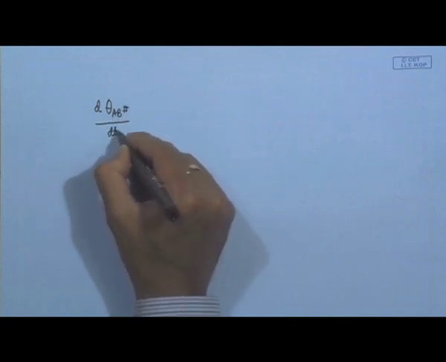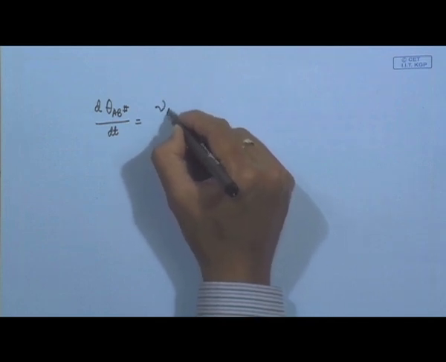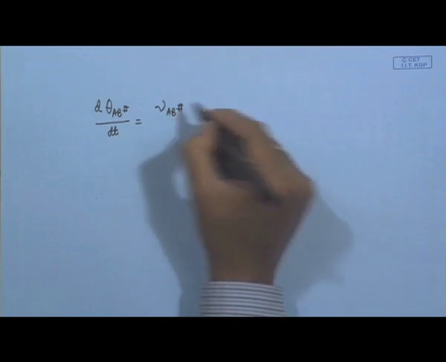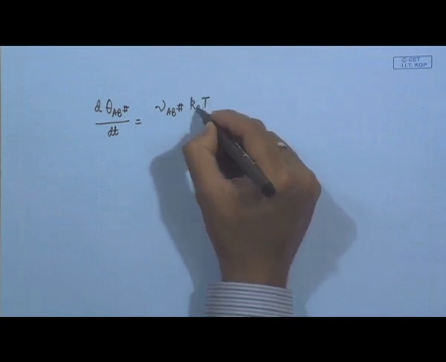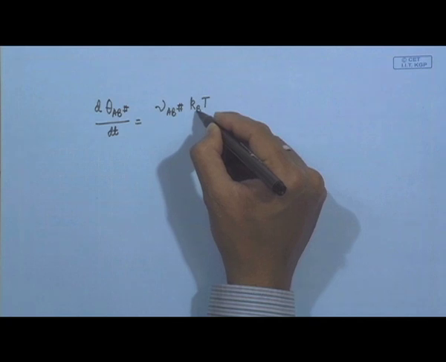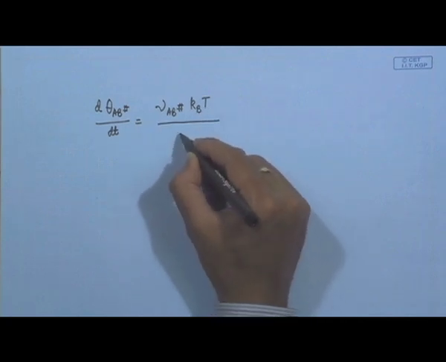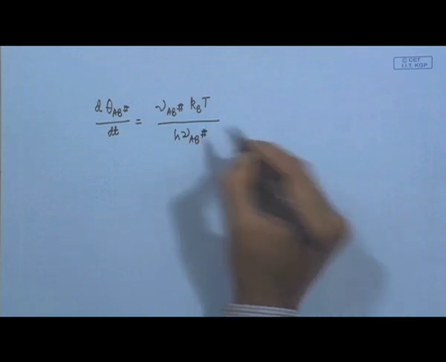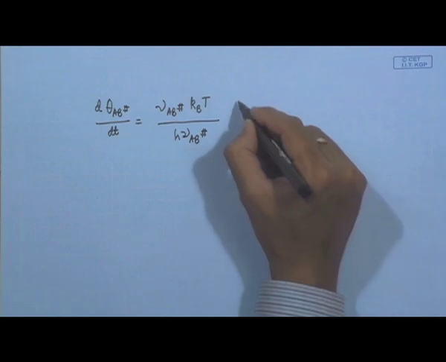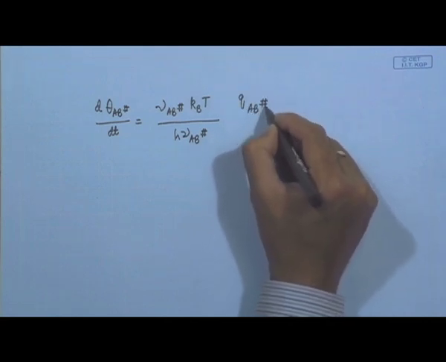Which will ultimately turn out to be d theta AB dt equal to nu AB double dagger times KB T, that is your thermal energy, K Boltzmann times T divided by H nu AB double dagger, of course this activated, times Q AB primed.